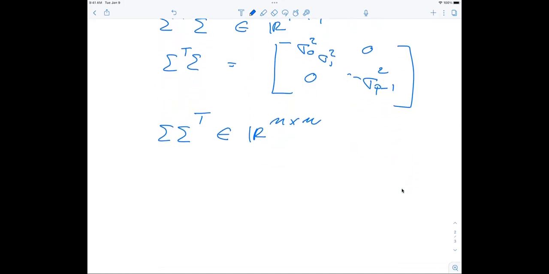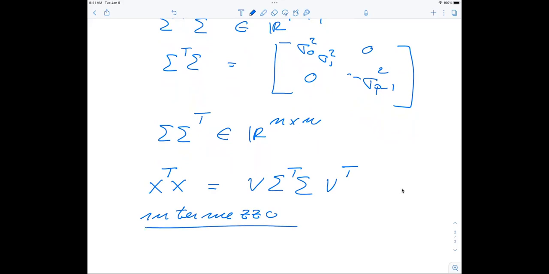So what we did was to rewrite this in terms of the orthogonal matrix V, times Sigma transpose times Sigma, multiplied with V transpose. There's one small intermezzo which is a little bit interesting for us. Let's do that before we move on.